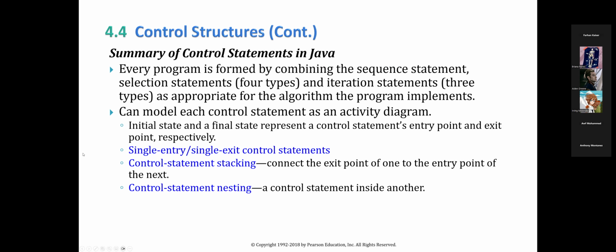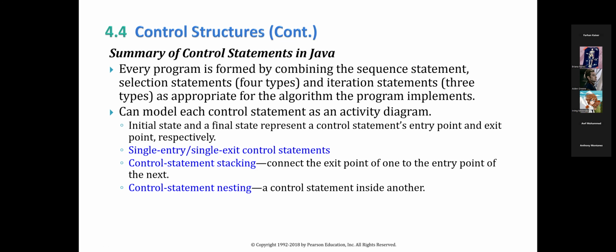Usually they are single-entry, single-exit control statements. Control statement stacking means connecting the exit point of one to the entry point of the next. For control statement nesting, you can nest one control statement inside another. Don't worry about that. We will go through examples for them one by one maybe next week, because the next lecture is a lab.